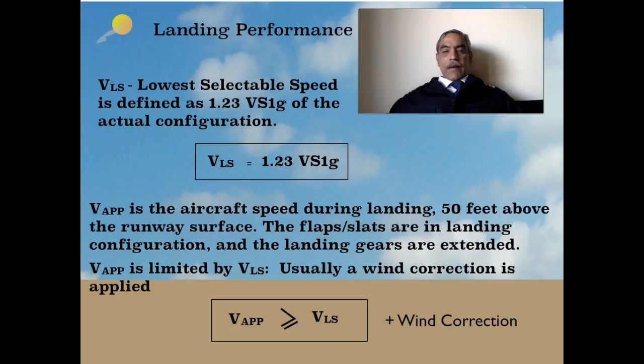Flaps and slats are in landing configuration and gears, of course, are extended. V approach is at least limited by the VLS, and we usually have a wind correction applied. So V approach is always greater than or equal to VLS.